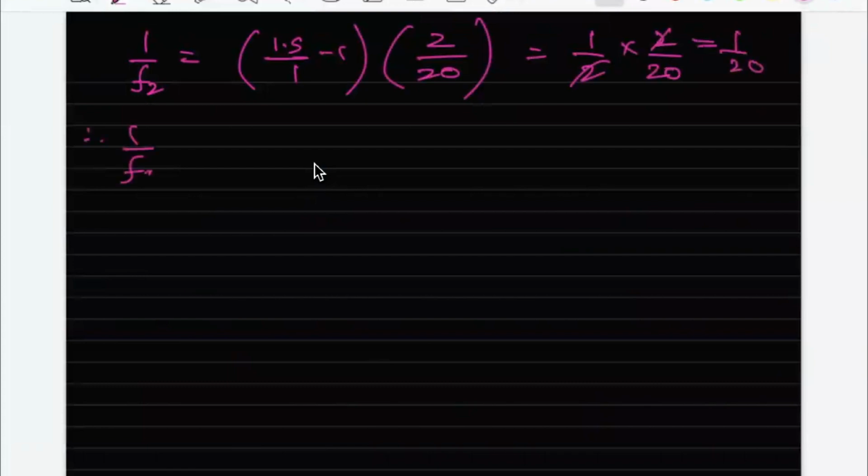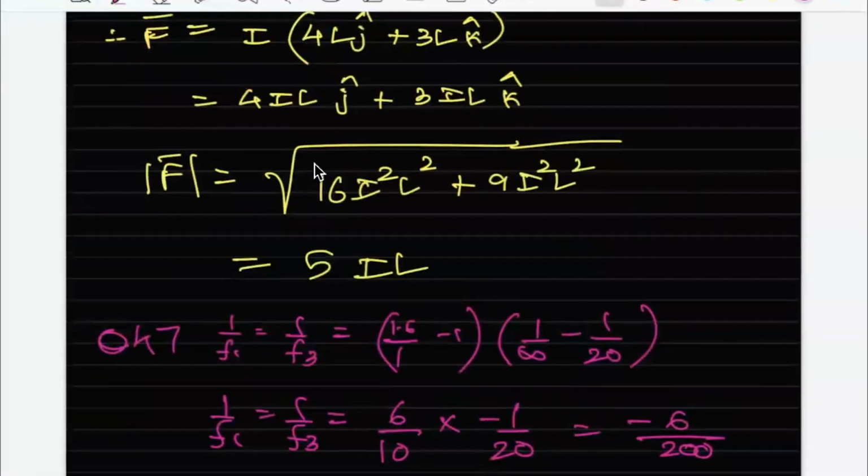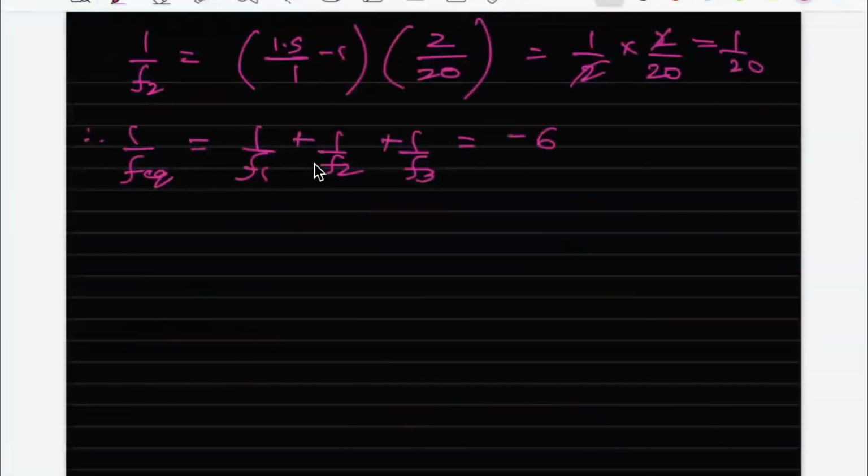So that's it. 1 upon F equivalent is 1 upon F1 plus 1 upon F2 plus 1 upon F3, in contact. So F1 and F3 both have minus 6 by 200. So that is twice minus 6 by 200 plus 1 by 20. Okay.